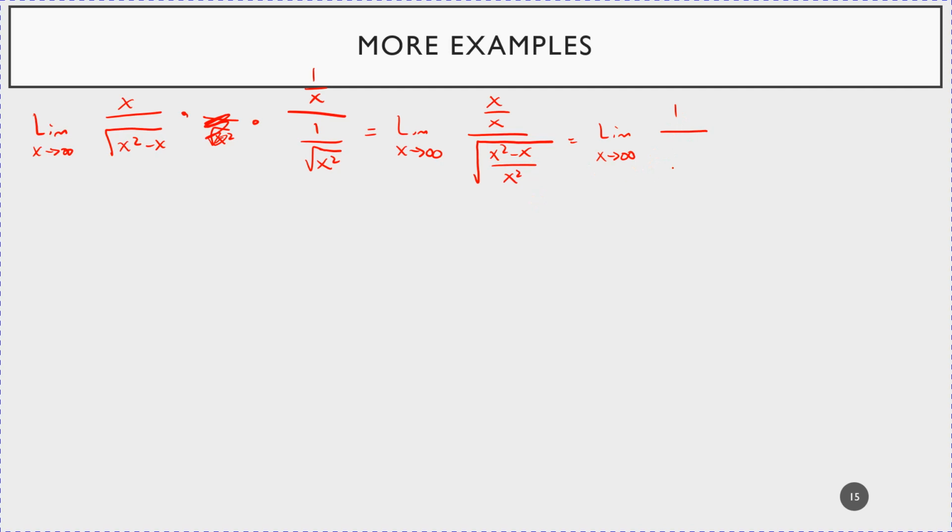Watch what's going to happen. Square root of x squared over x squared is 1, minus x over x squared, which is 1 over x. Well, limit as x goes to infinity, this right here is 0, so this is 1 over the square root of 1 minus 0, which is 1 over 1. This limit is equal to 1.